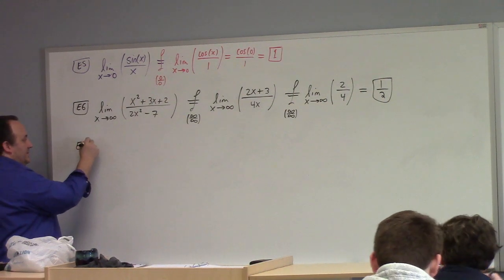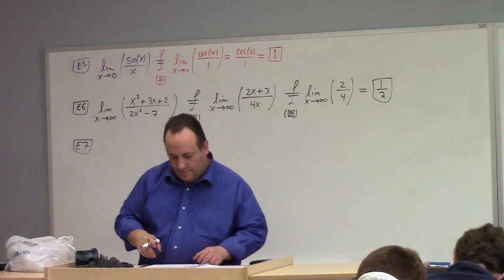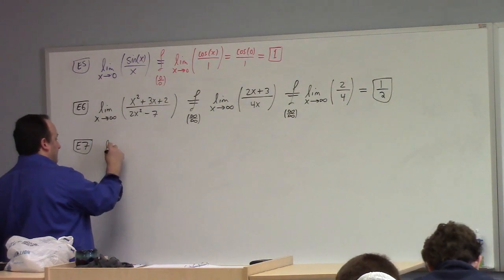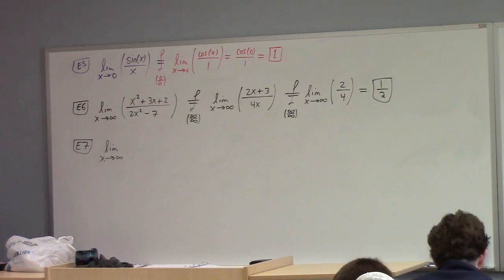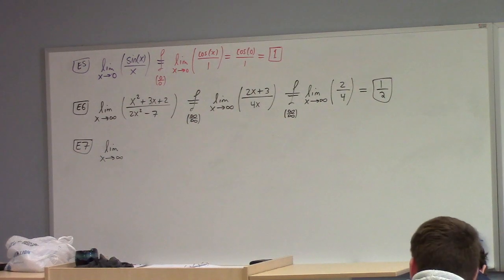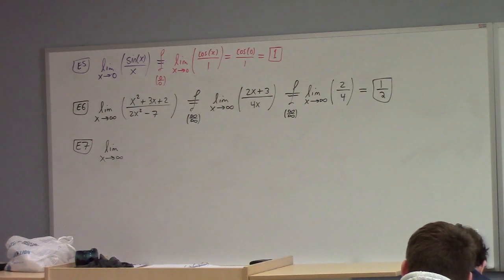Example 7. So here we have the limit as x goes to infinity. Did I ever move the camera? I can't remember if I did. So we're looking, let's see here, I think it's limit as, oh yeah, I did.